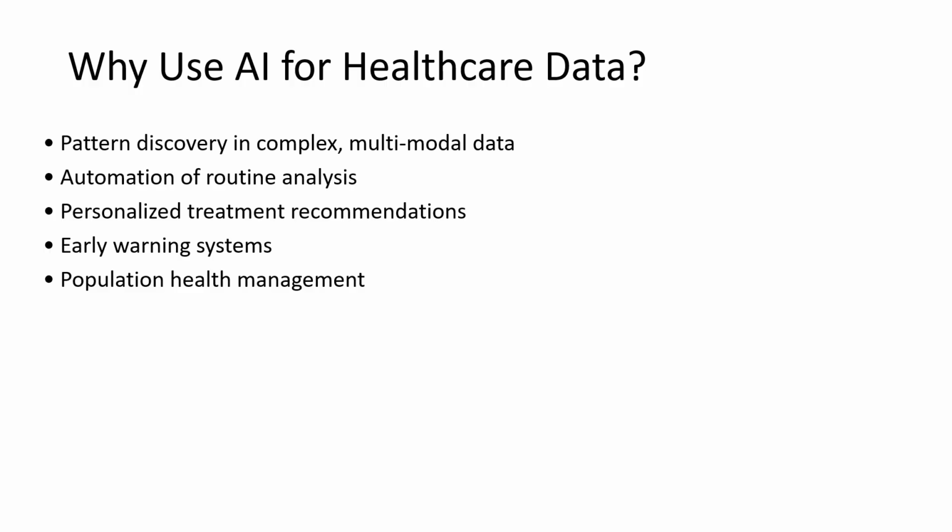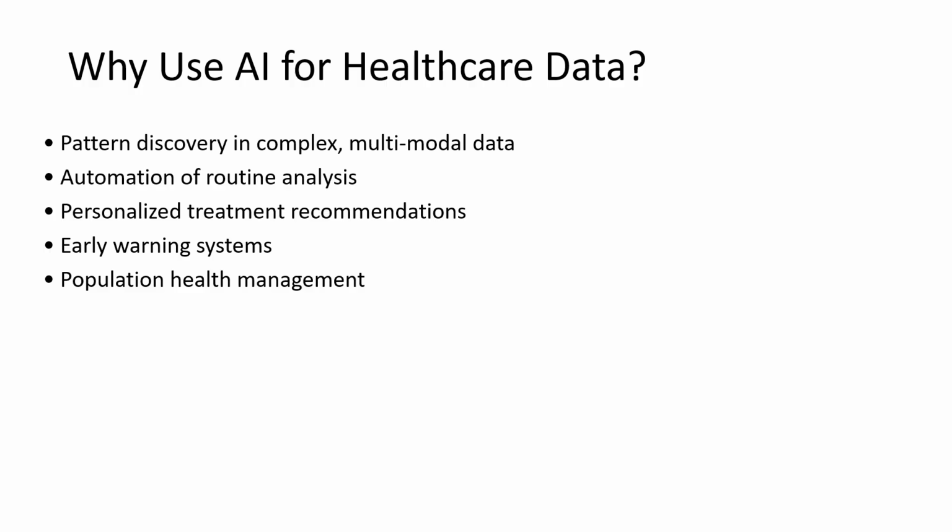Third, by including artificial intelligence techniques, it can easily provide personalized treatment recommendations. Since AI is capable of capturing patterns easily from historical data, personalized treatment becomes possible with artificial intelligence techniques.